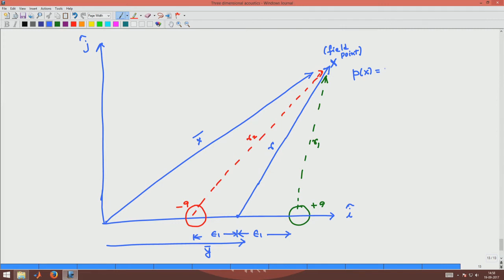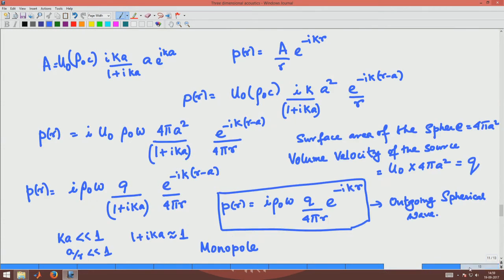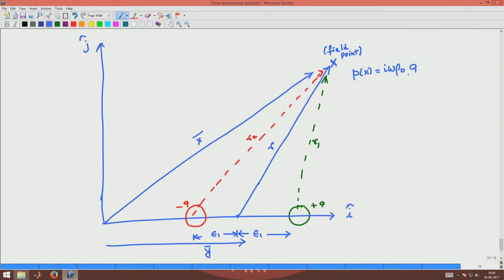Therefore, P of x will be i omega rho 0, that is what the formula says, multiplied by q divided by 4 pi r 1, e to the power minus i k r 1. That is what is contributed by the positive monopole, and similarly the negative monopole will contribute an identical contribution, except for the fact that a negative sign will appear, associated with the opposite phase of this monopole.